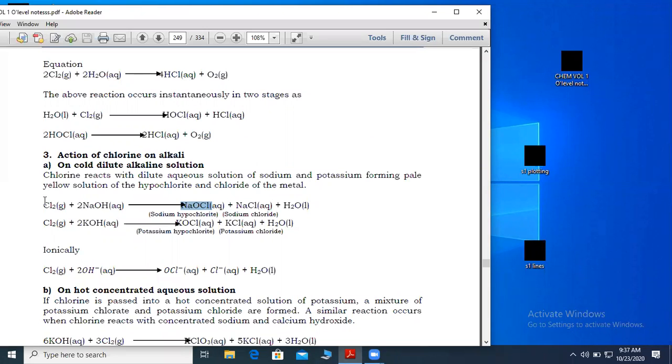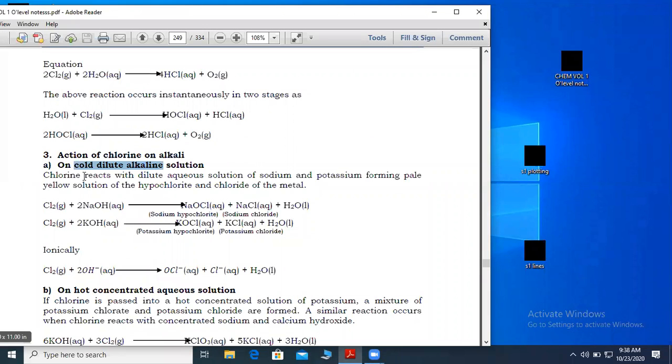So take note of this equation. But this only happens, the condition for sodium hypochlorite to be formed, is that the sodium hydroxide or potassium hydroxide must be cold and dilute. Must be cold and dilute. In chemistry, we like conditions.